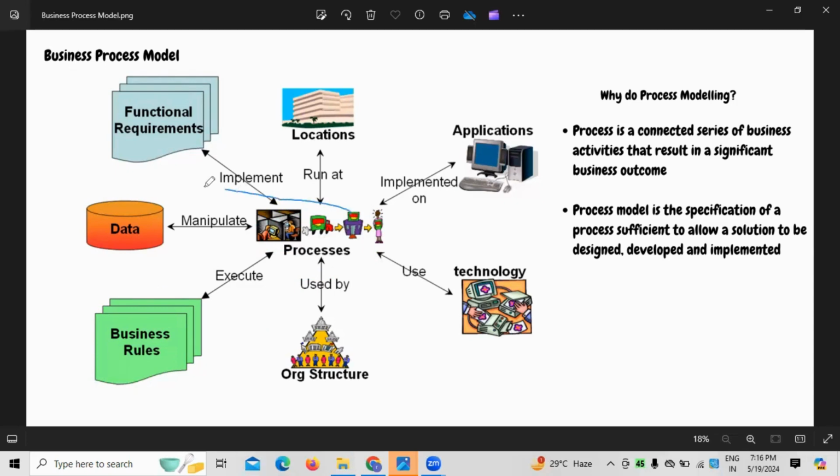Next, to manage this process, there must be some data manipulation, because data will flow among the applications and the systems, right? Manipulation means data has to be identified, segregated, queried, received, retrieved, deleted, updated, and inserted.